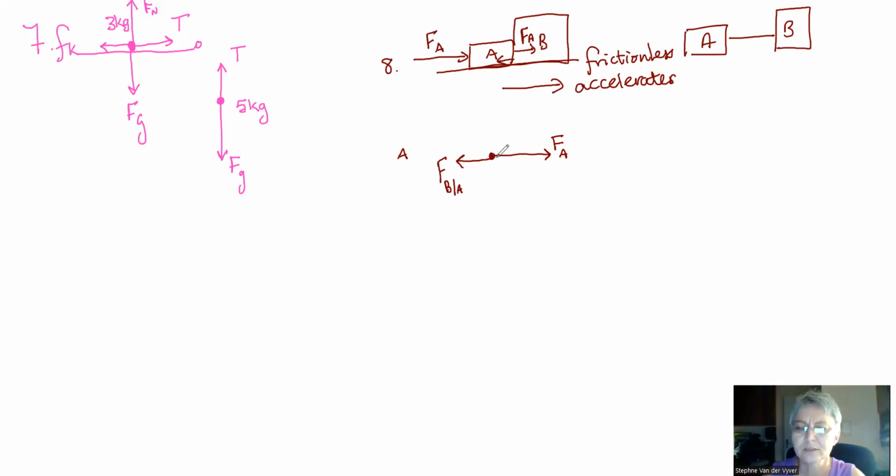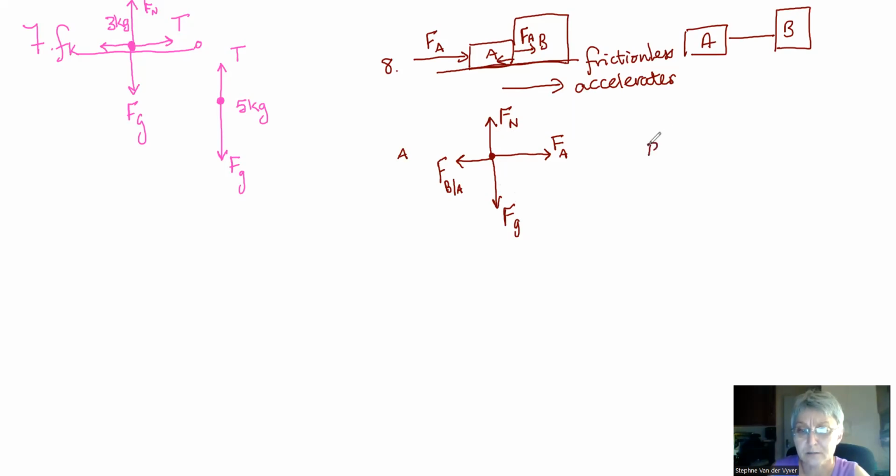Those two forces are not the only two forces. There is gravity pulling on A, and there would be a normal force pushing up on A. Those two forces are in equilibrium, so you can draw the arrows more or less the same length.